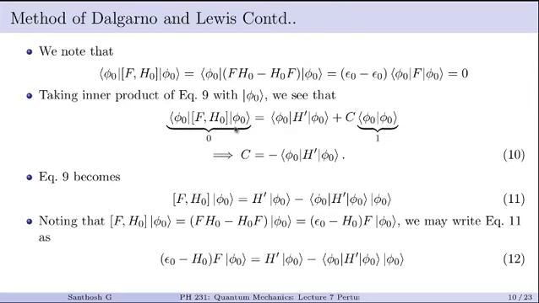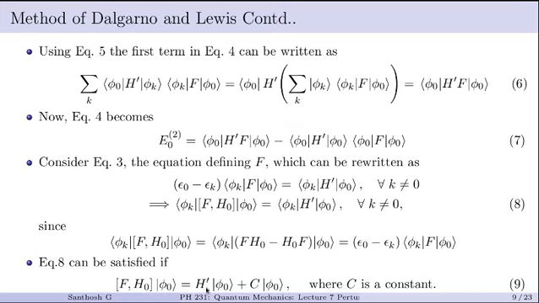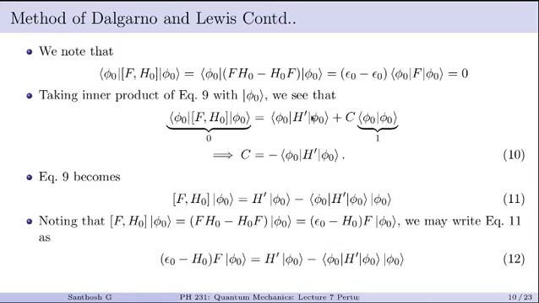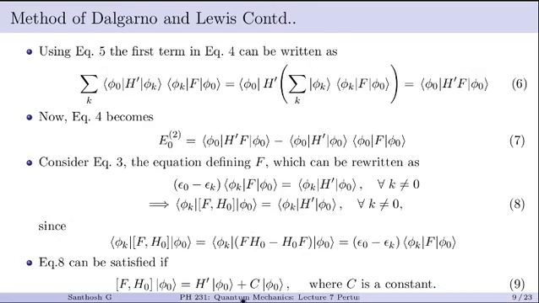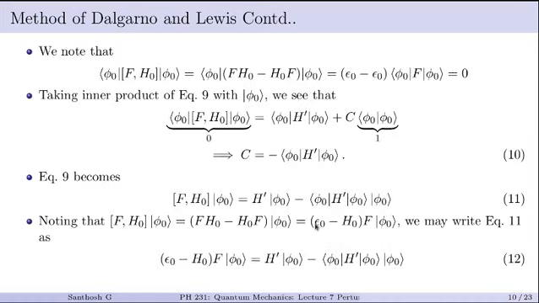Now consider the right hand side. The right hand side of that equation is given by inner product of phi 0 with h dash phi 0, that is the first term, and then c times inner product of phi 0 with phi 0. Since phi 0 is a normalized vector, the inner product of phi 0 with phi 0 is 1, and therefore you have the left hand side equal to 0, and this is equal to inner product of phi 0 h dash phi 0 plus c, and c can be given by equation number 10.